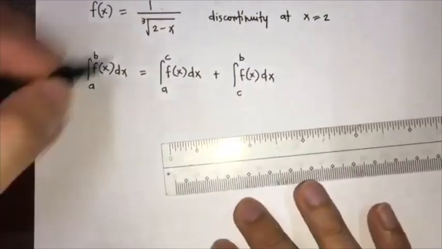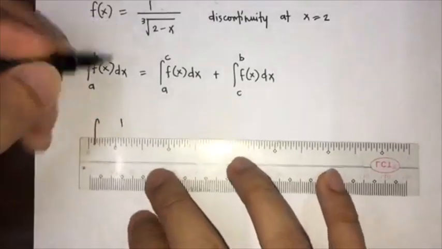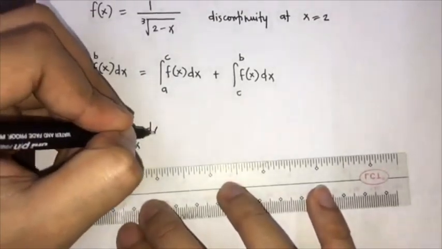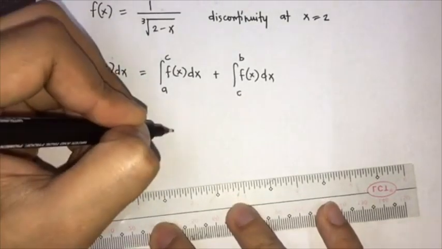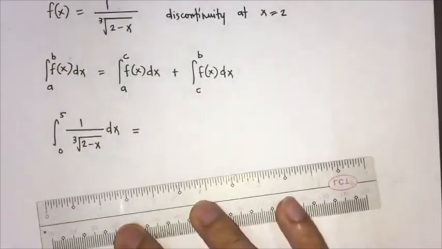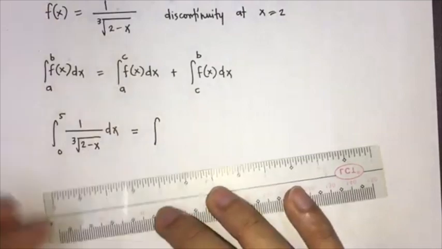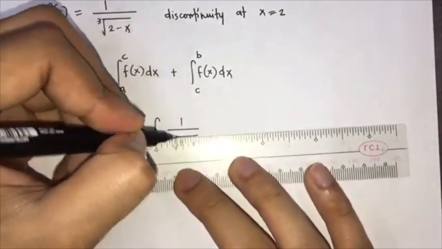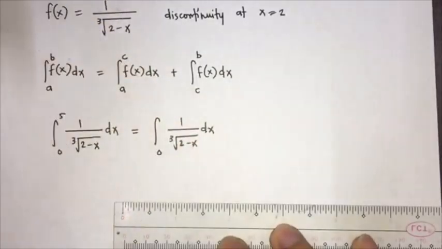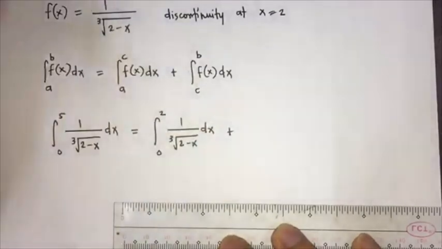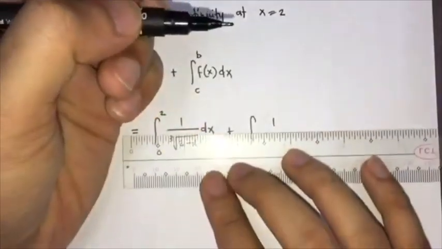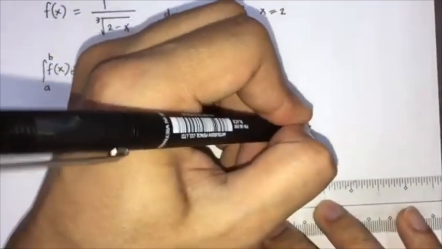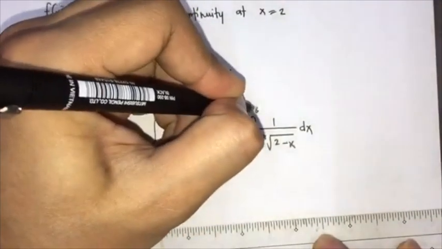Rewriting, the integral of 1 over cube root of 2 minus x dx from 0 to 5 is equal to the integral of 1 over cube root of 2 minus x dx from 0 to 2, plus the integral of 1 over cube root of 2 minus x dx from 2 to 5.